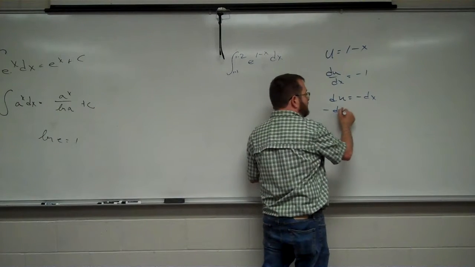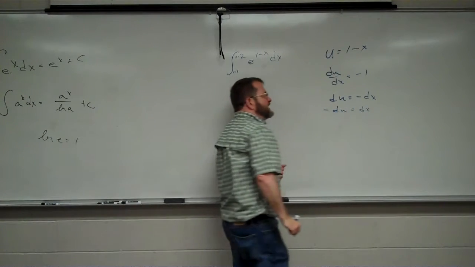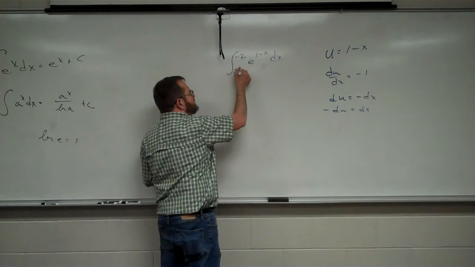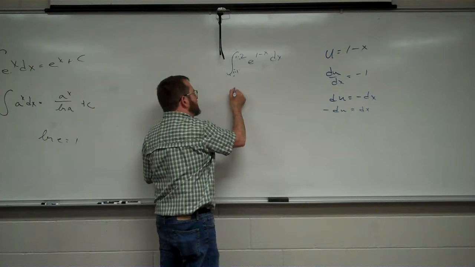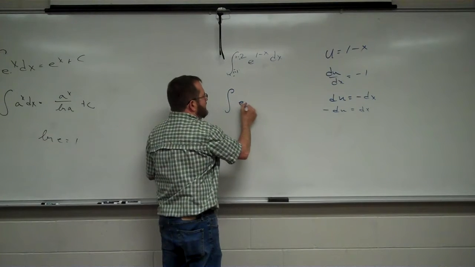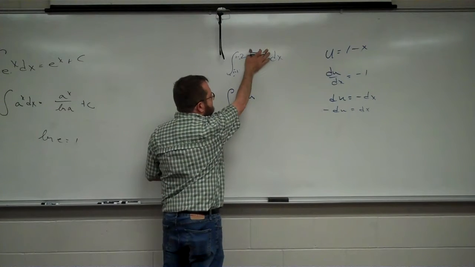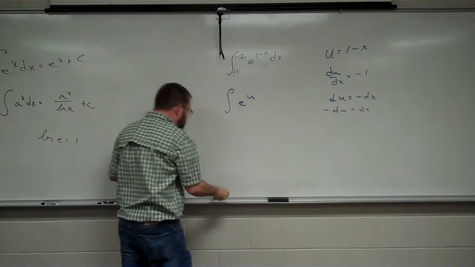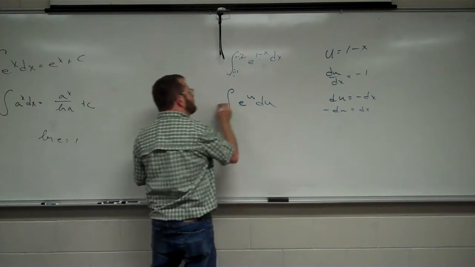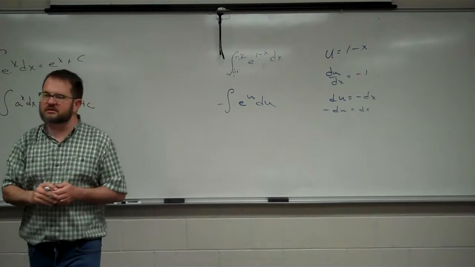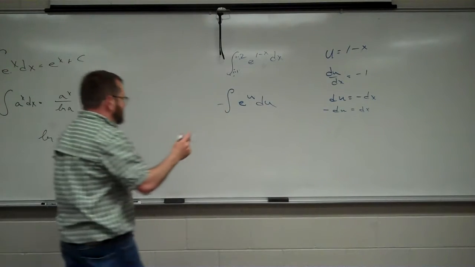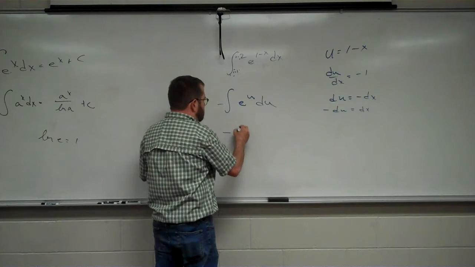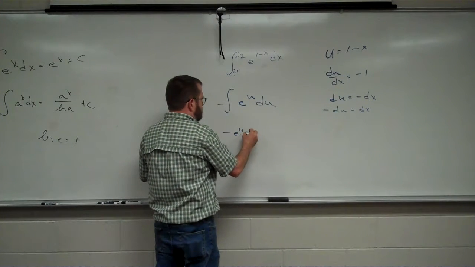Another way to write that would be negative du equals dx. Let's put this together. Forget about the limits of the integral for a second. Just say the integral of e to the u. All we have left is the dx, which is negative du, so here's du with the negative sign out in front. That's easy. That would be negative e to the u plus c.